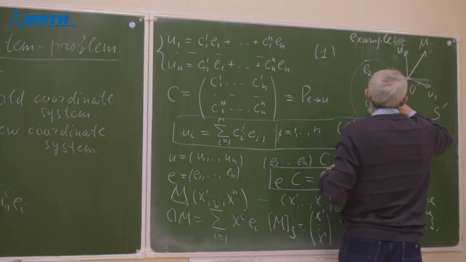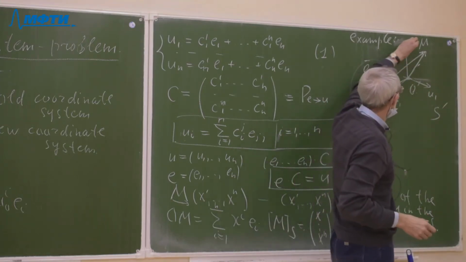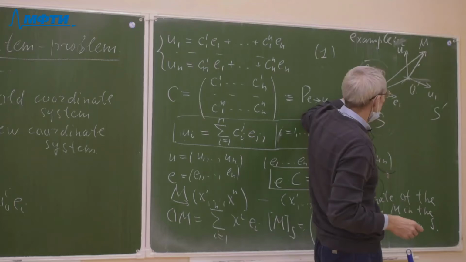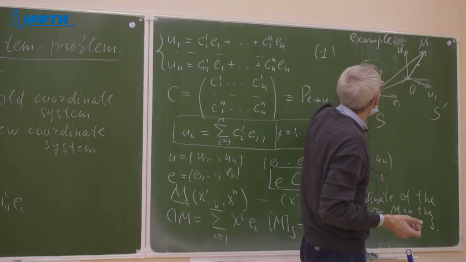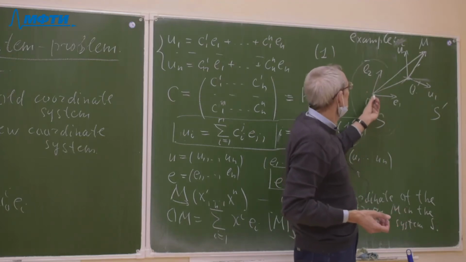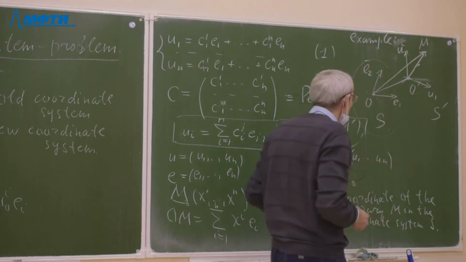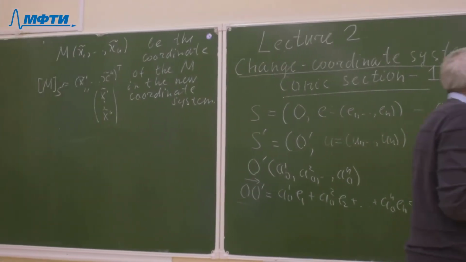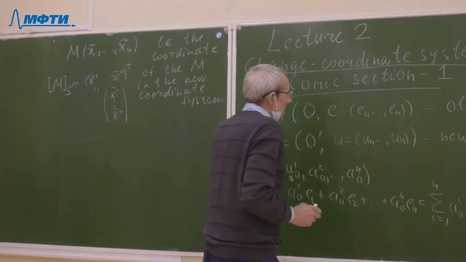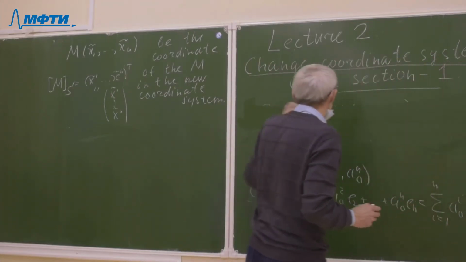And the coordinates of the point M in the old coordinate system are equal to the coordinates of the vector OM in the old basis. Let's write this relation in vector form.